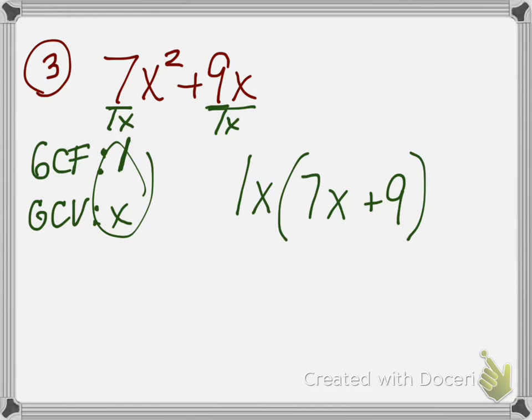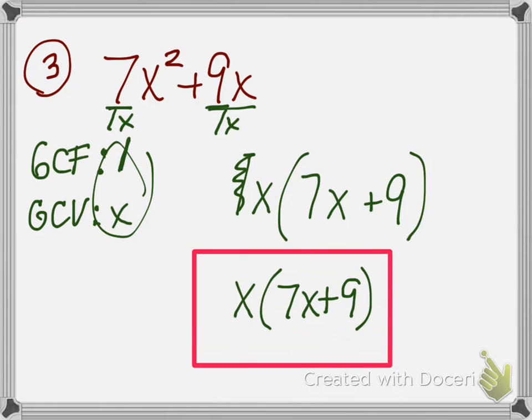So simplifying this down, I don't really need this 1, so this simplifies to x times 7x plus 9. And that's the factored form there.